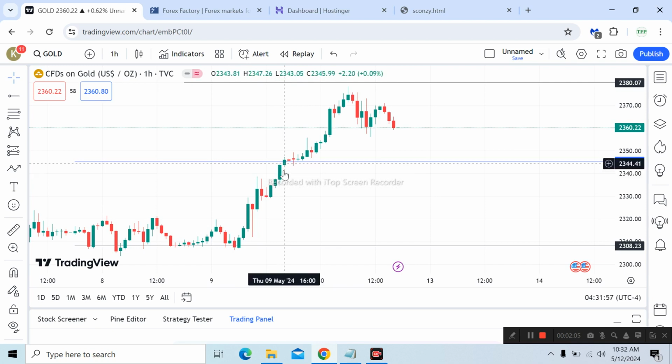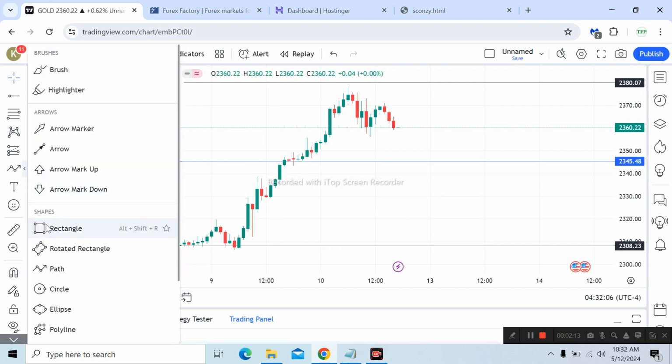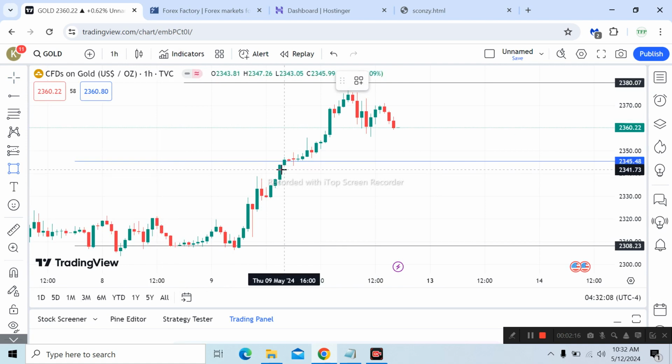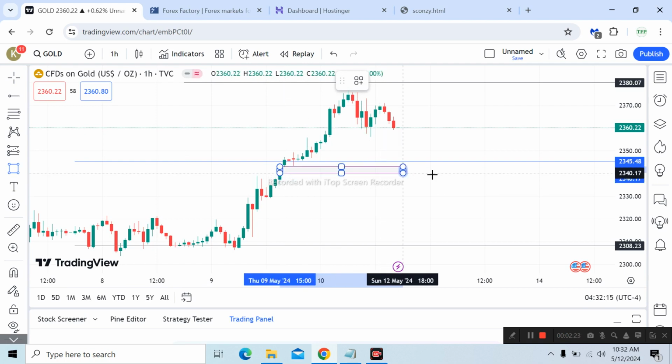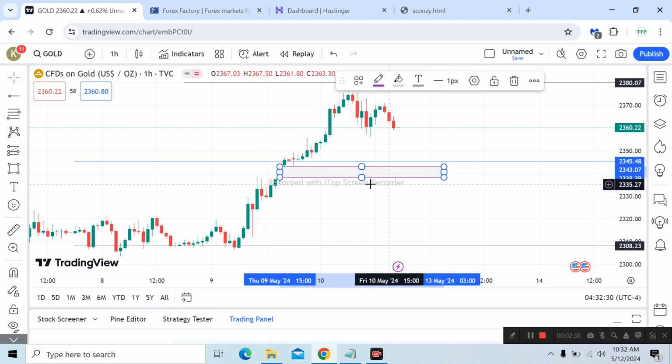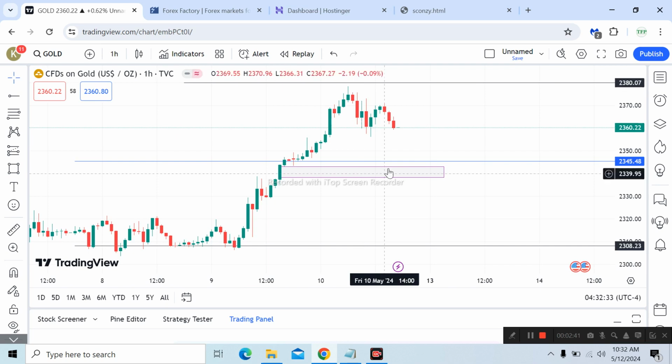So I come here and mark that gap between them and give that space out, like so. We are expecting price to trade into this area here.